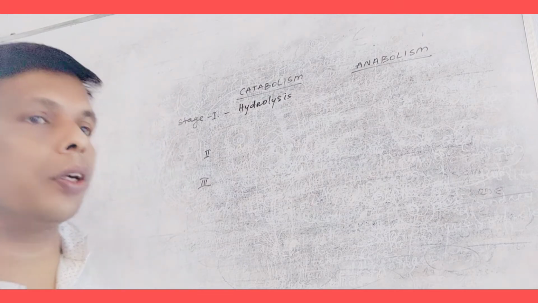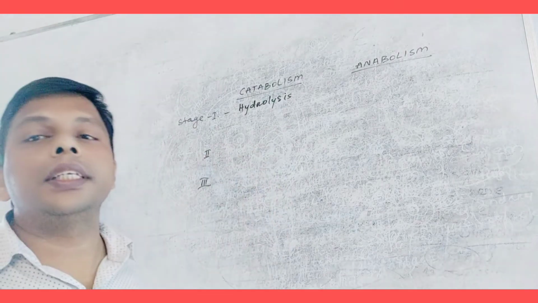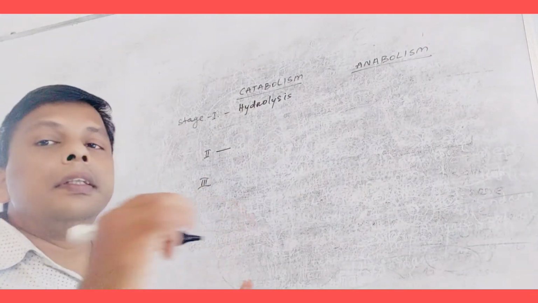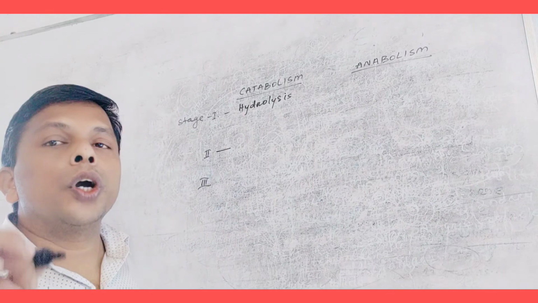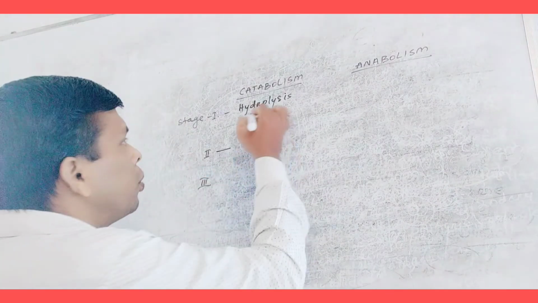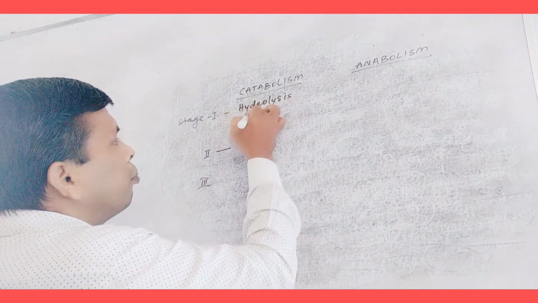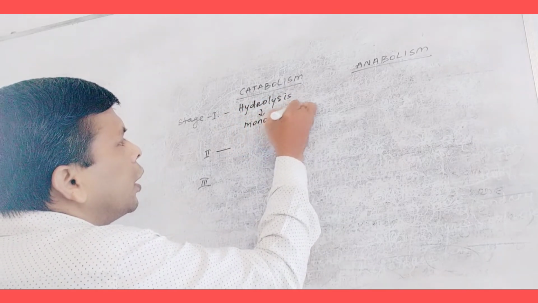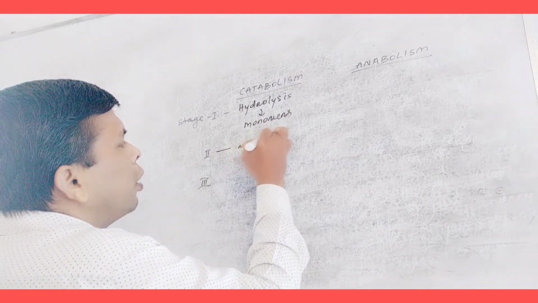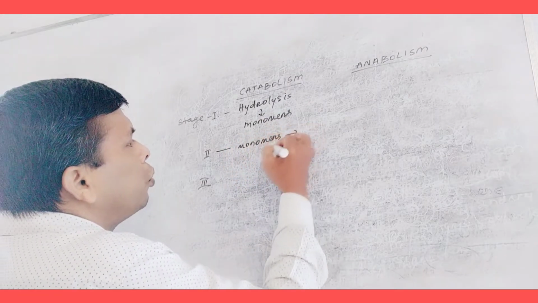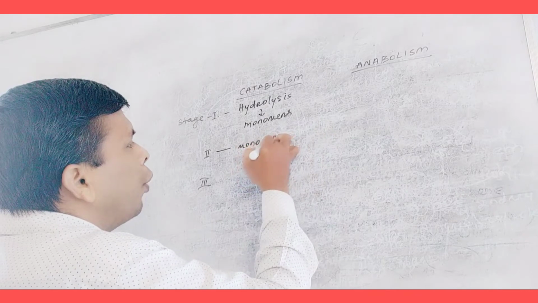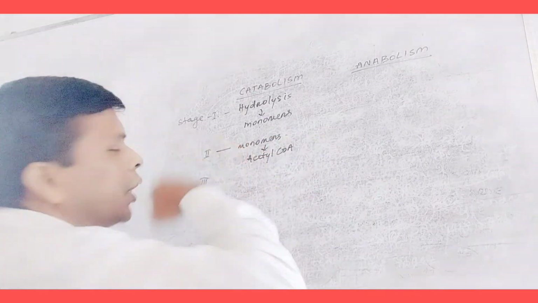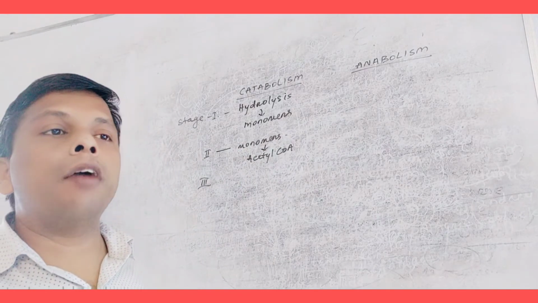So, hydrolysis occurs. What takes place in stage 2? In stage 2 of catabolism, these monomers are degraded further and converted into acetyl coenzyme A, the intermediary product.